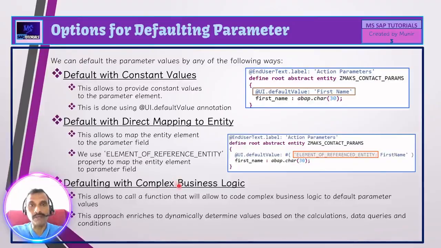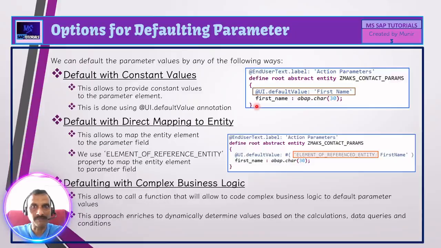Now, how many ways can you define your values for these particular parameters? What SAP provides is that it allows you to fill in a default value for your parameter. What does that mean?